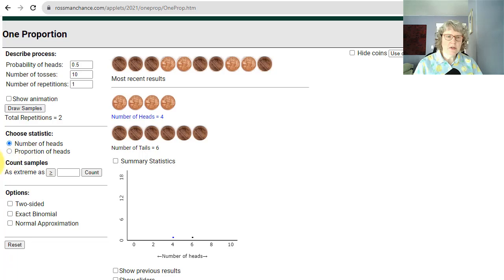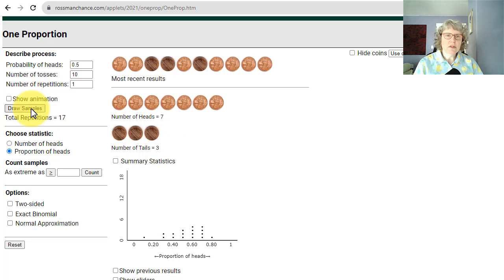And I'm going to change this to proportion of heads since we're always using proportions in our class. So let's do it. There's another sample. Okay, so this is a proportion. So this is like a yes/no: would you support this candidate? And that's around 50-50. So we can see what our distribution of random samples would look like.